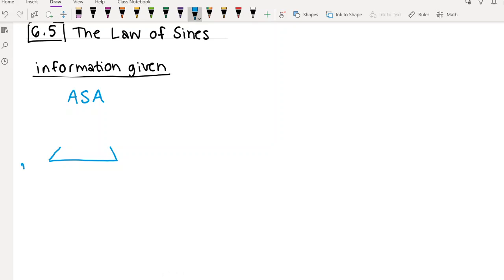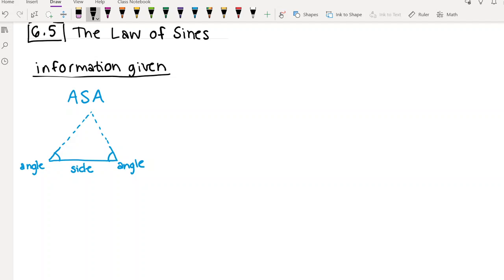So if you are told an angle measure, a side length, and another angle measure, and they're all next to each other like this, that's going to uniquely determine one triangle. From that you will be able to figure out, using the law of sines, what all the other information about the triangle is.